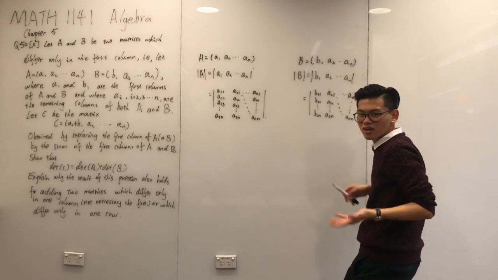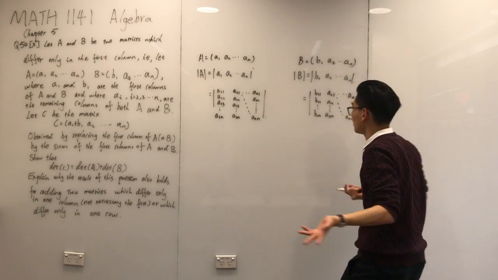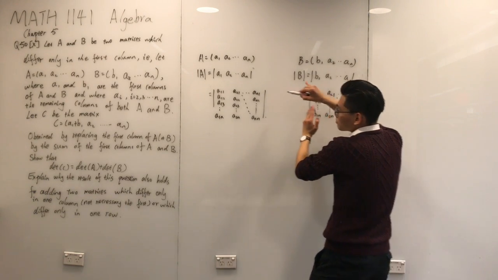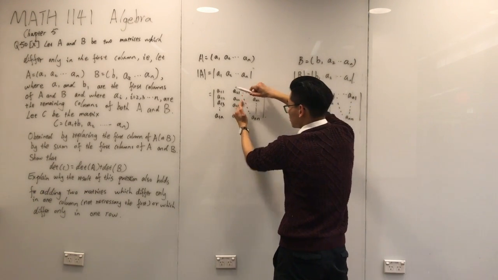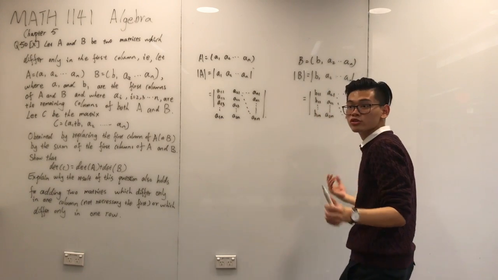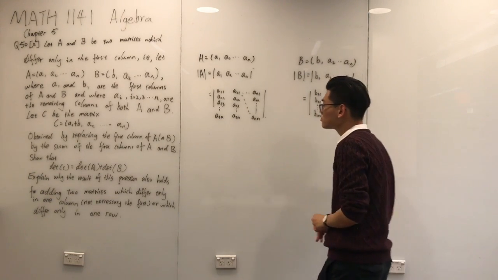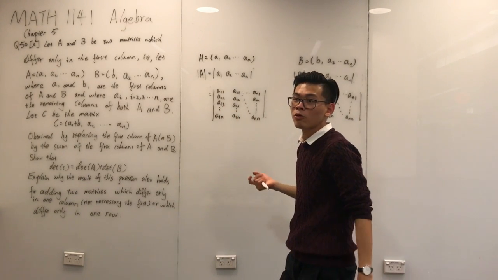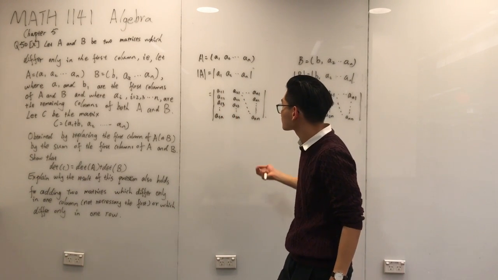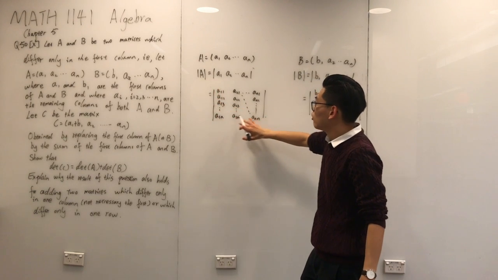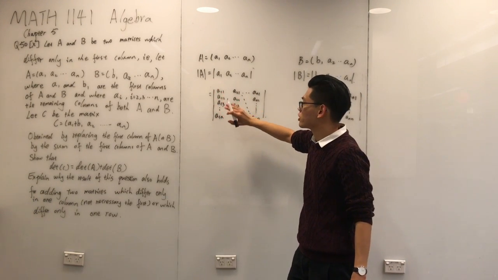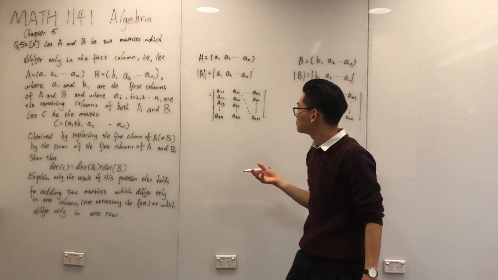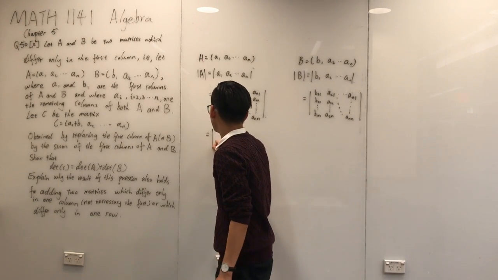Something not good happened, right? Because the determinants will be different from each other, right? So how are we going to solve this? So basically we know from our lecture notes, the determinant of this matrix will also equal the determinant of its transpose, right? So this determinant is what?